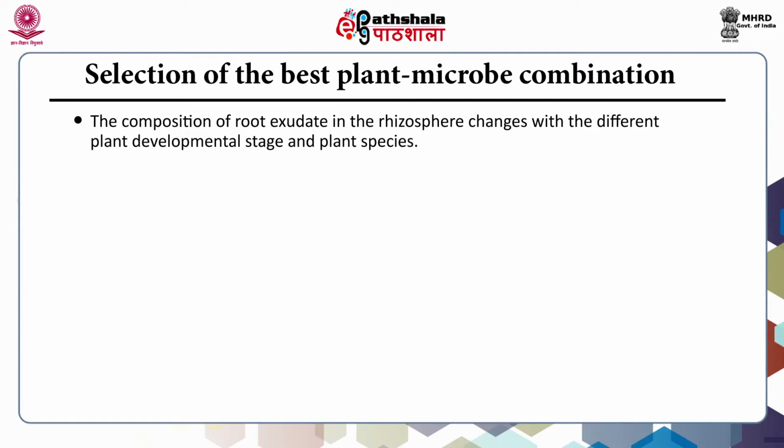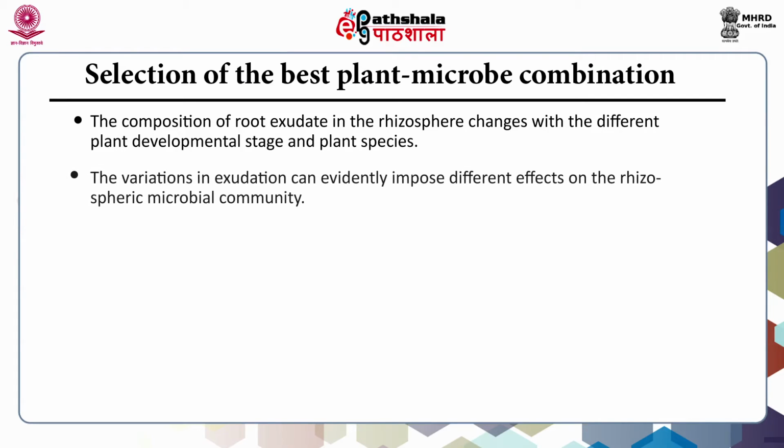Now, selection of plant-microbe combination. The composition of root exudate in the rhizosphere changes with different plant developmental stages and plant species. The variation in exudation can evidently impose certain effects on the rhizospheric community.